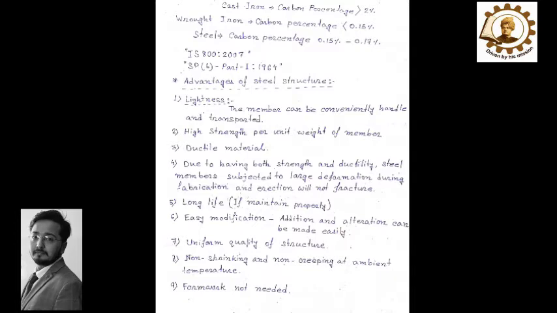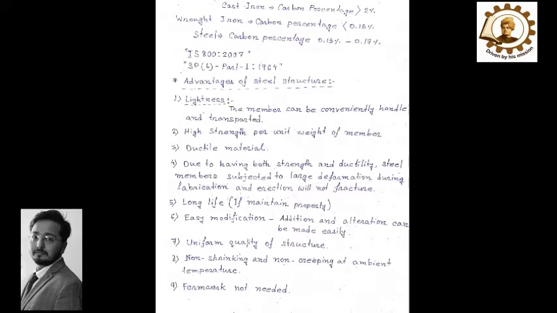As this is a subject for designing, we have to use some Indian standard codes, just like RCC. In design of steel structure, we have to use different Indian standard codes, mainly IS 800 2007 and SP6 Part 1 1964.